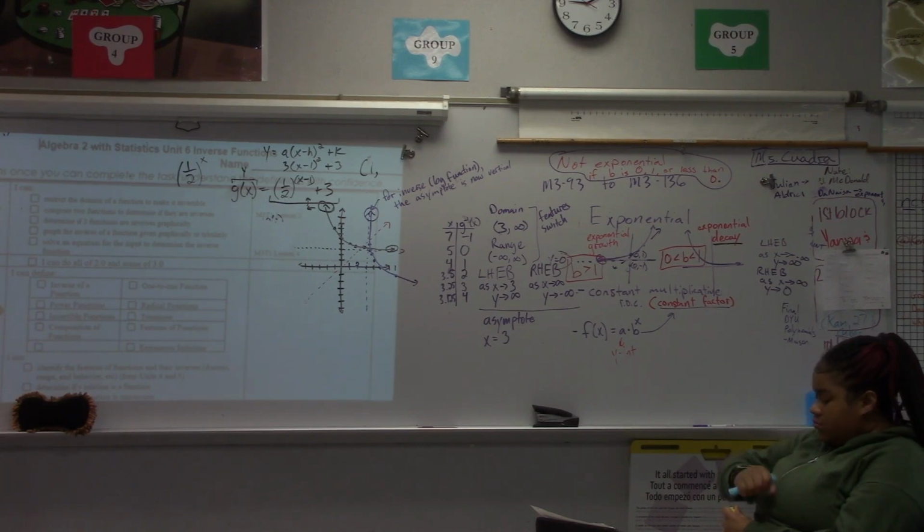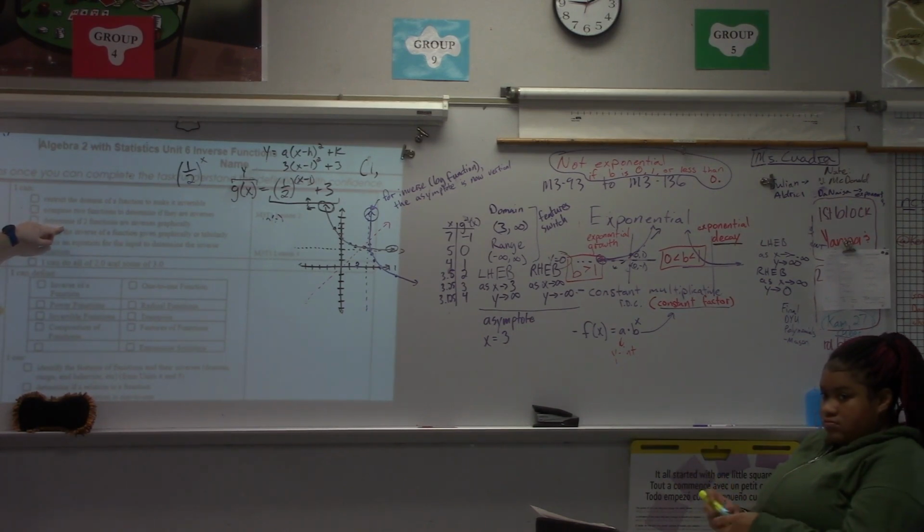So, please notice, this is the proficiency scale on inverse functions, restricting domain. Remember I took out composing two functions, determining if two functions are inverses graphically. This is the inverse functions one.